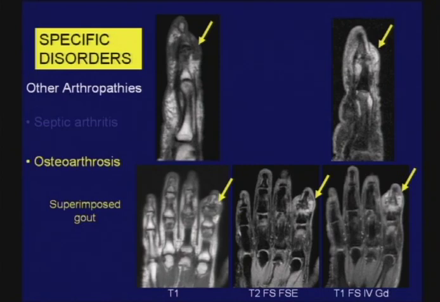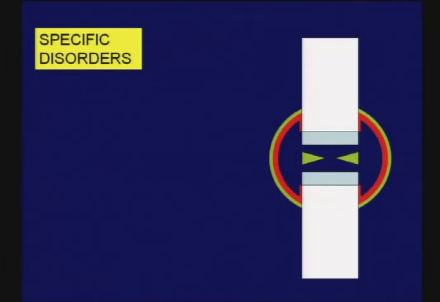We all know about inflammatory osteoarthritis as a subset of ordinary osteoarthrosis, but crystal deposition occurs within these joints. The crystals can be hydroxyapatite, they can be pyrophosphate, they can be oxalate, and they can be gout, as it was in this particular case where there was superimposed gout in a joint of the finger involved in osteoarthritis.